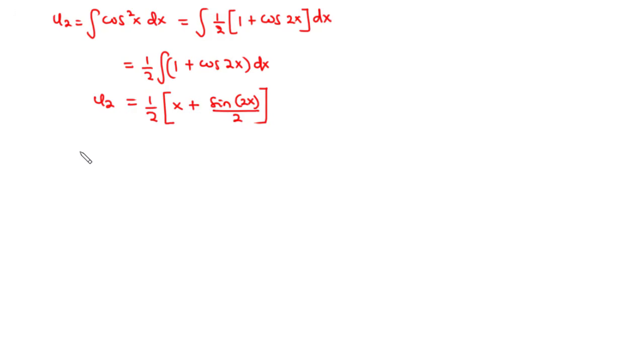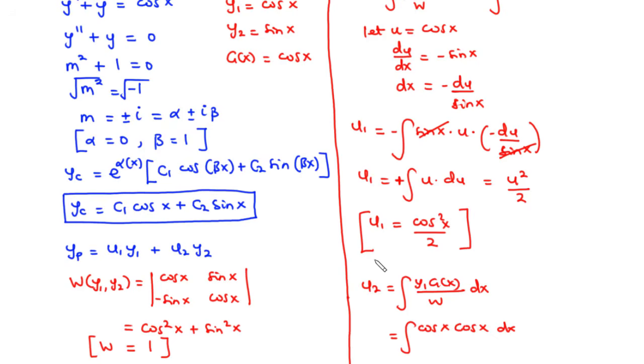Now we know that the particular solution, or the particular integral, is given by yp equals u1 y1 plus u2 y2. So let's plug in the expressions for u1, y1, u2 and y2. We have u1 to be cos square x over 2, and y1 to be cos x.